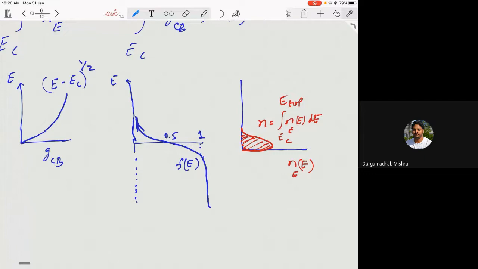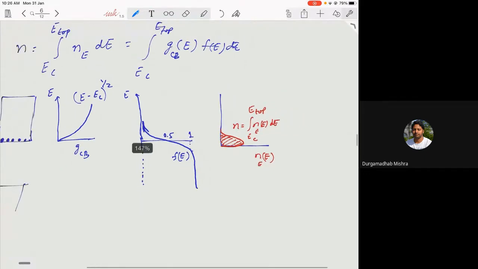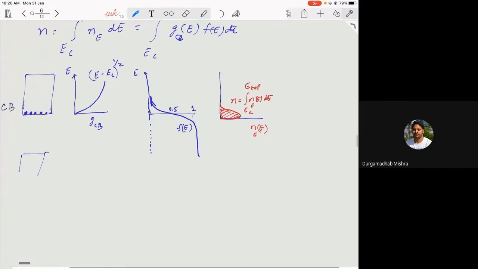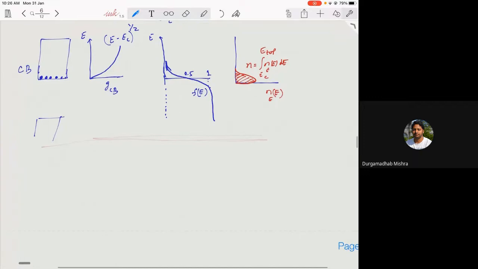We can also do some mathematics to understand that, and the valence band is somewhere always here. We have the valence band picture, and we will draw that later on.